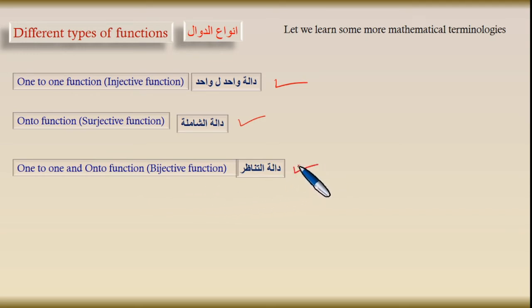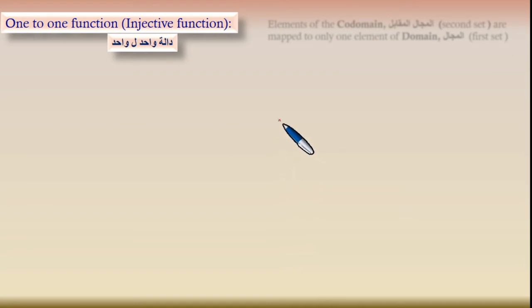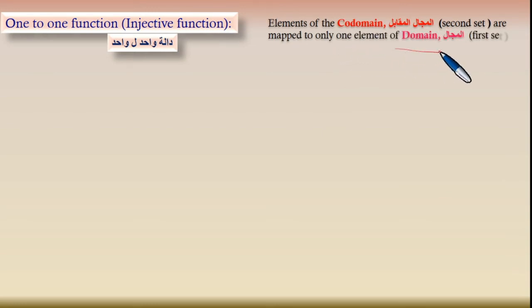Let me start with one-to-one, which is injective function. The statement for this one is that elements of the codomain, that is the second set, are mapped to only one element of domain. Okay, this statement may confuse you, but don't worry, this example will make you understand.